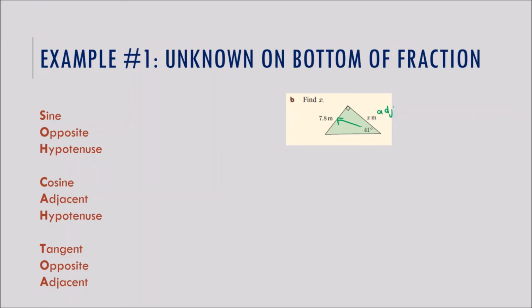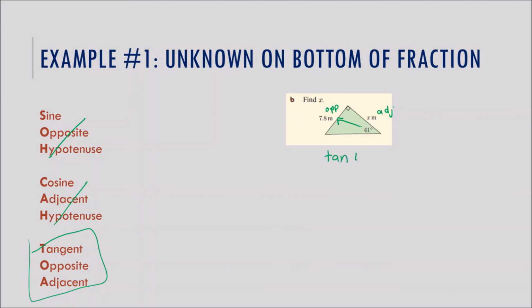This is on the opposite side, so that is opposite. So do I have an opposite and hypotenuse? I don't have a hypotenuse. I don't have any values for my hypotenuse, so it's not that one. So cosine, adjacent and hypotenuse, well, I have an adjacent but I don't have that hypotenuse again. I do, however, have the opposite and the adjacent. So I can use tan in this case, or tangent.